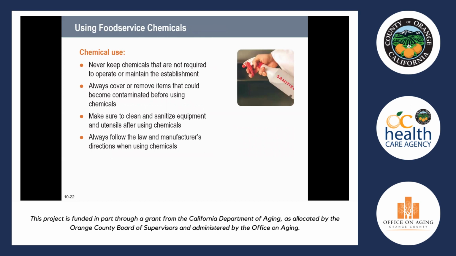Chemical use. Never keep chemicals that are not required to operate or maintain the establishment. Always cover or remove items that could become contaminated before using chemicals. Make sure to clean and sanitize equipment and utensils after using chemicals. Always follow the law and the manufacturer's directions.